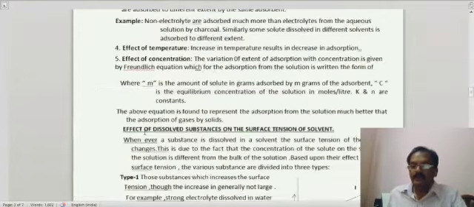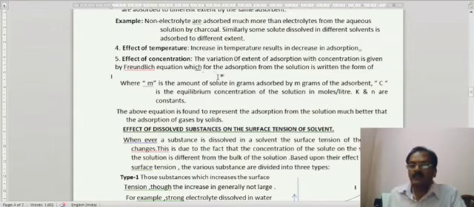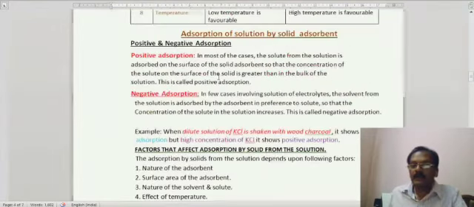As you know, for the effect of concentration, the variation of the extent of adsorption with concentration is given by Freundlich's equation, which for adsorption from a solution is written in the form x upon m is equal to k into c raised to 1 upon n.